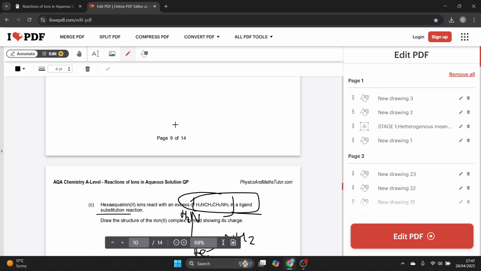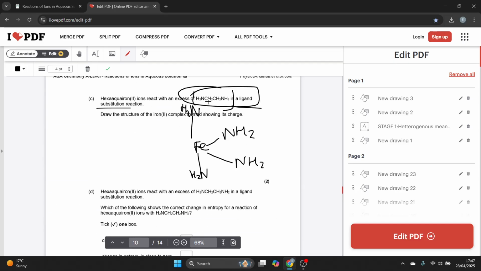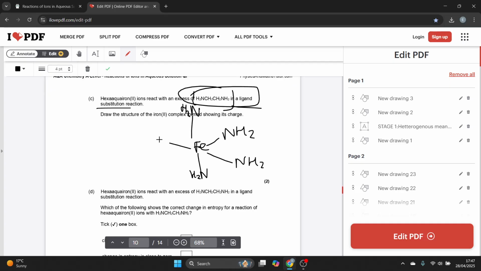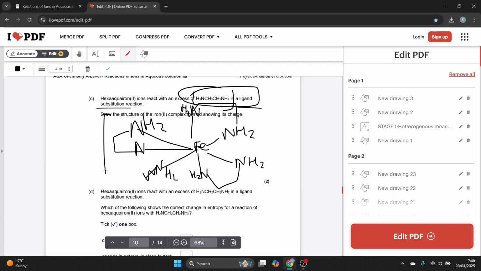But how many will I form? 1, 2, 3. But in a substitution reaction, I'm going to have NH2 and N here, N here, NH2 here. And then I need to join them like this. Sorry, that's there. And then I can't forget the big square brackets, and this is 2+ charge.